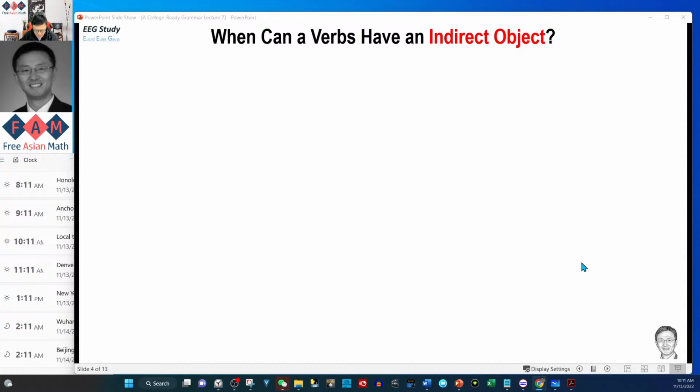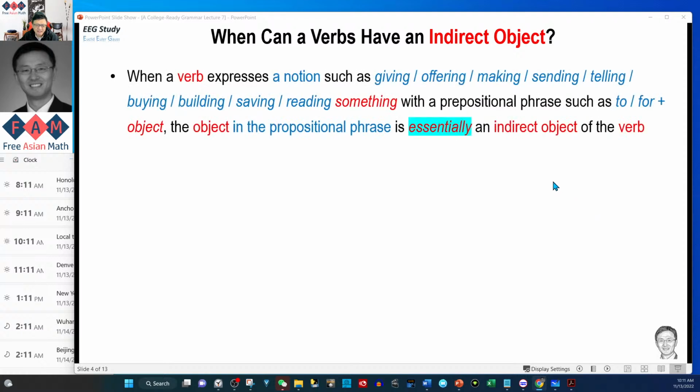But before that, we just take a quick look at what kind of verbs typically will have two objects, meaning that they will have an indirect object. So not every verb will have this. It's relatively a small fraction of all the transitive verbs that will actually have two objects, one direct, one indirect.